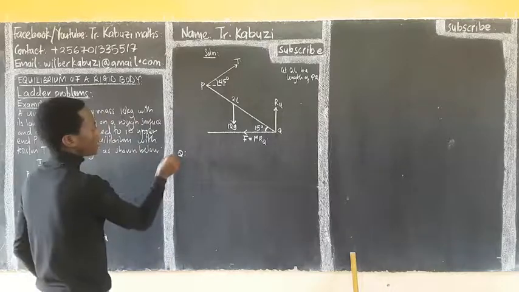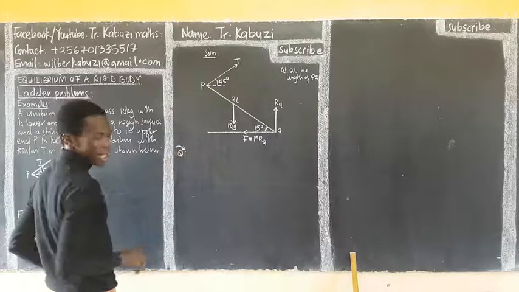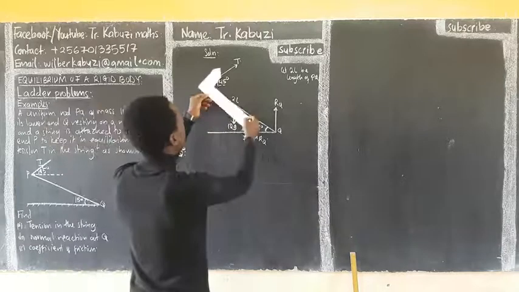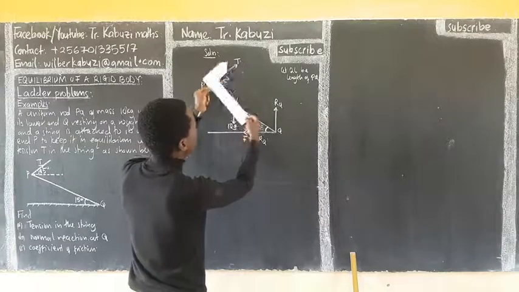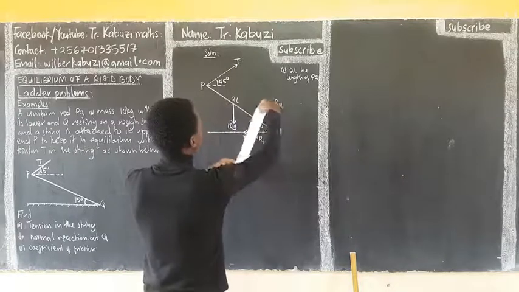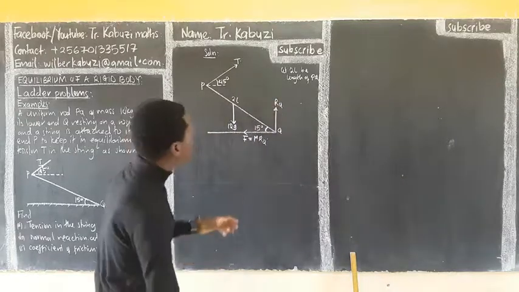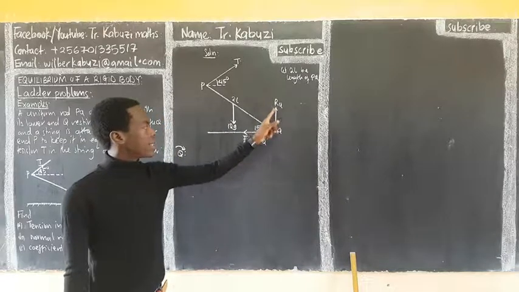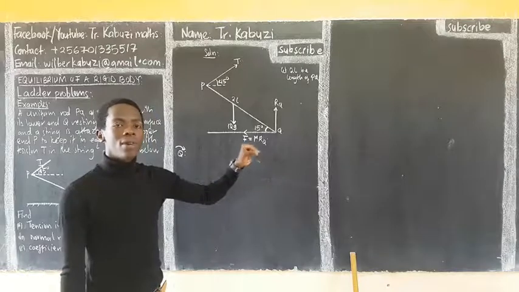Let me take clockwise. Which forces are acting clockwise? This force is rotating clockwise, but this one is acting anti-clockwise. If you take moments at Q, the moments of these two forces are going to be zero.